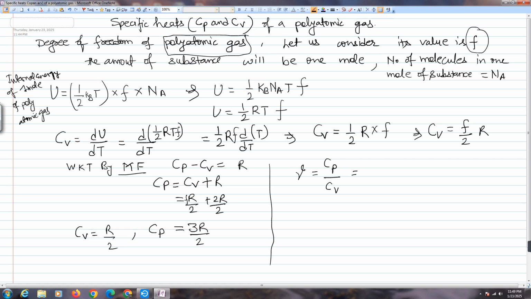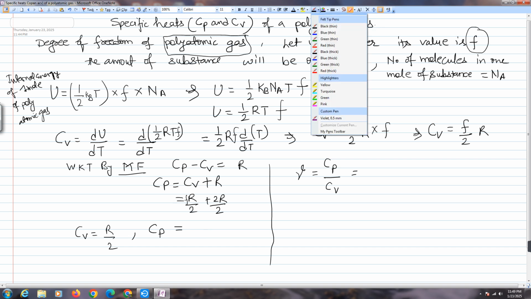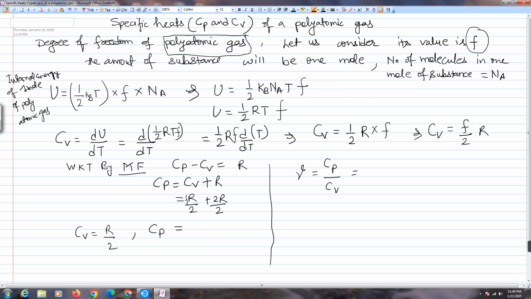In the similar way, Cp can be written like this. R can be taken common, F plus 2 divided by 2.